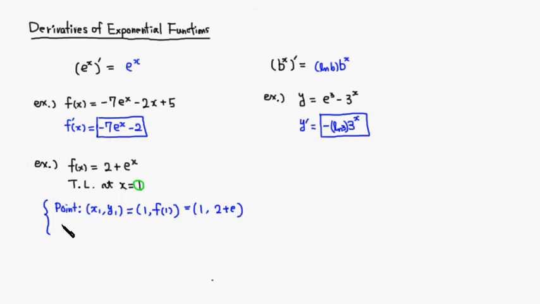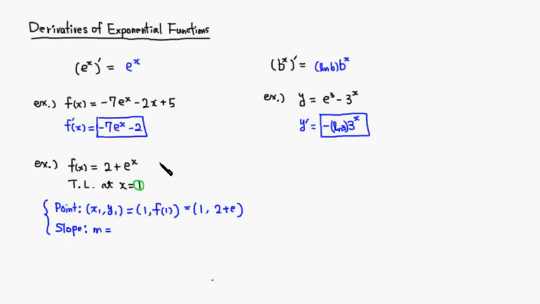And we need to find the slope, which we're going to call lowercase m. In order to find a slope, we need to find a derivative.